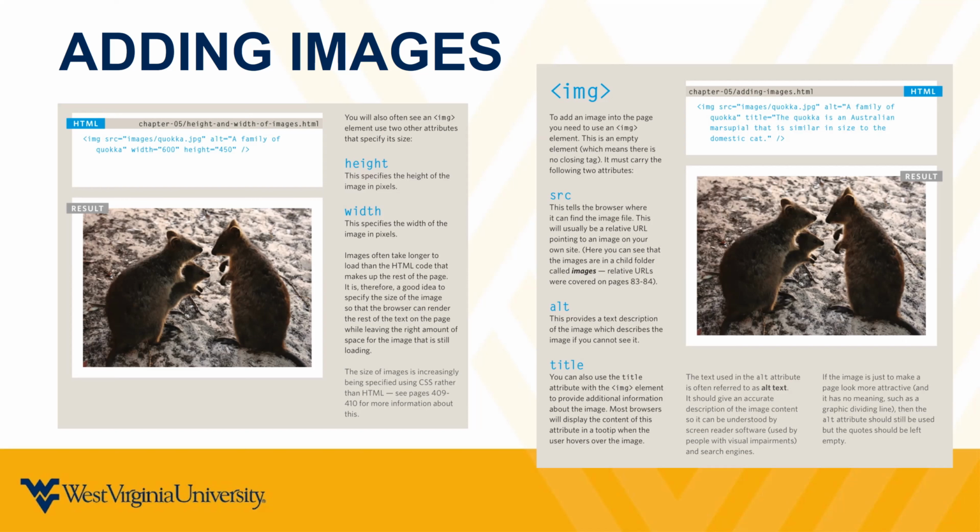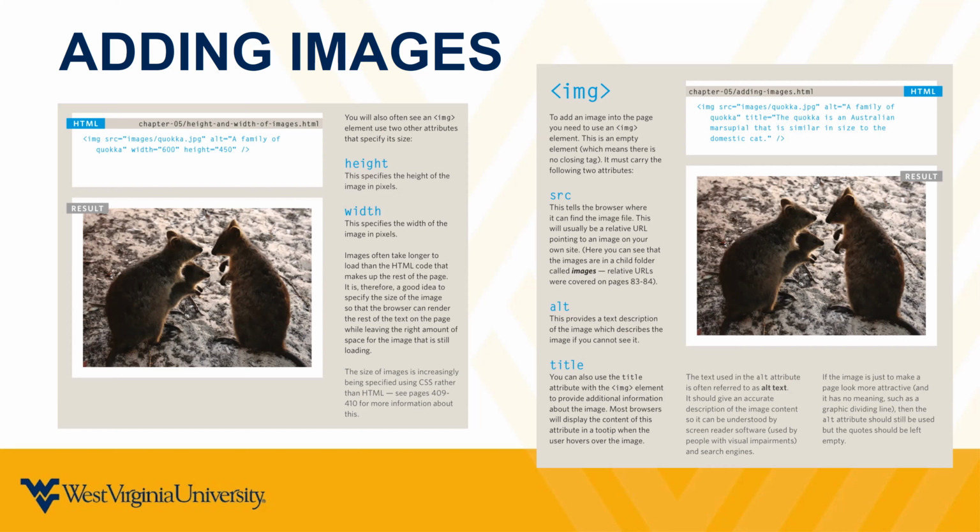As you can see there, in that image source tag, you see how it says images slash quokka.jpg. What that's saying is that's the path to the file in your server. Images is the folder, and I think we went over this a little bit in the HTML last session. A lot of your portfolios may have an images or assets folder, and in that folder you'll have the actual image, so the quokka.jpg.